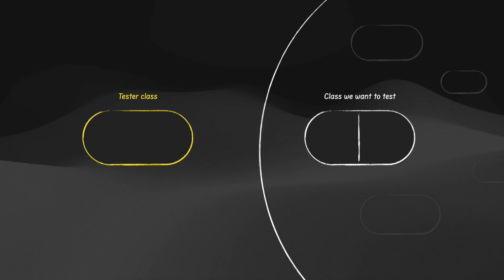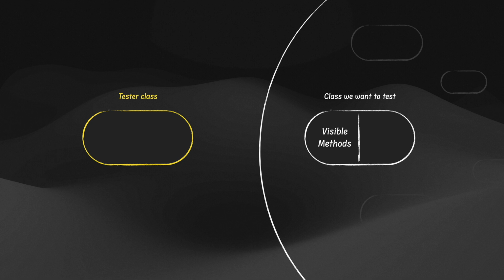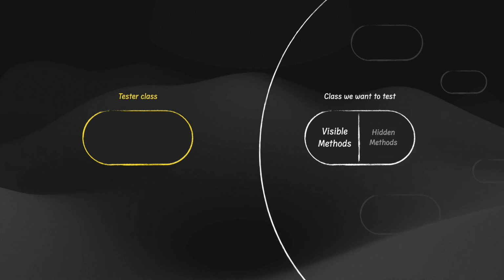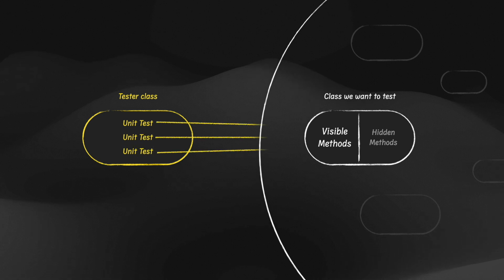The class we want to test has two parts. It has methods that are visible outside the class. Other classes interact with it by calling these methods. And it has methods hidden from the outside world that can only be called by other methods inside the class, not outside. The corresponding tester class is composed of unit tests whose sole purpose is to test the class we want to test.